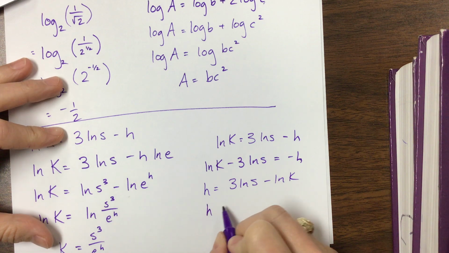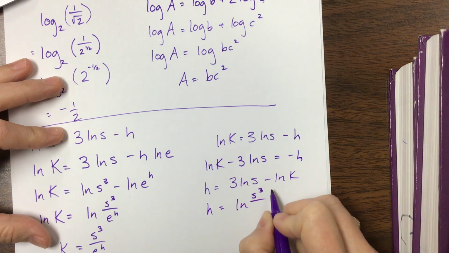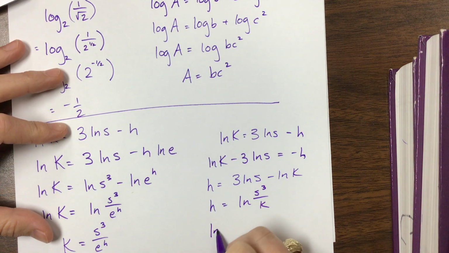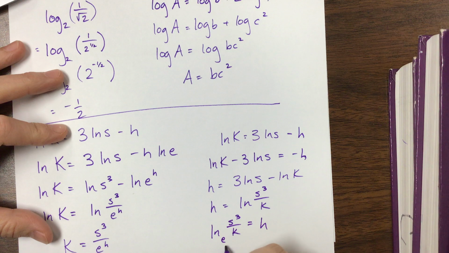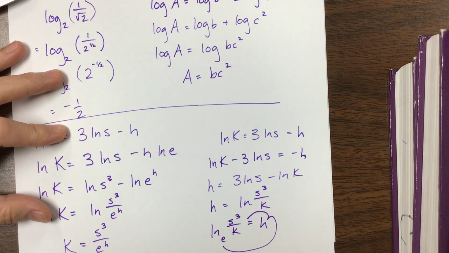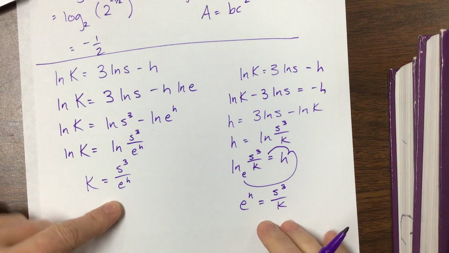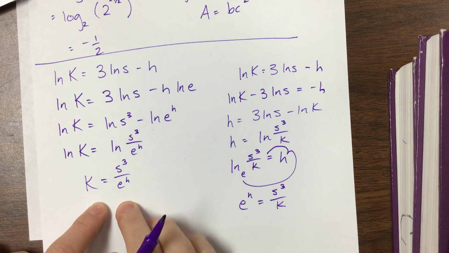And so then I can put this together over K. If I switch it back, that's natural log, so E to the H is equal to S cubed over K. Well, I got different answers, but notice if I multiply by K and divide by E to the H, I'm right back to here.